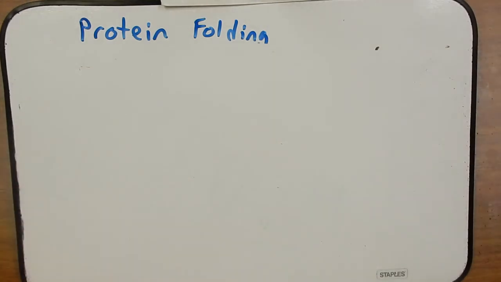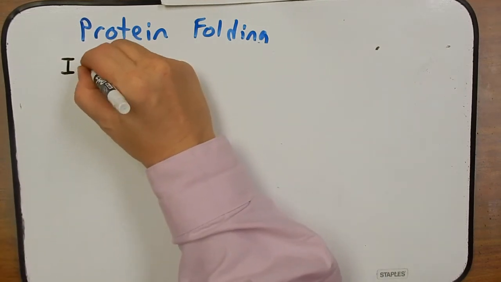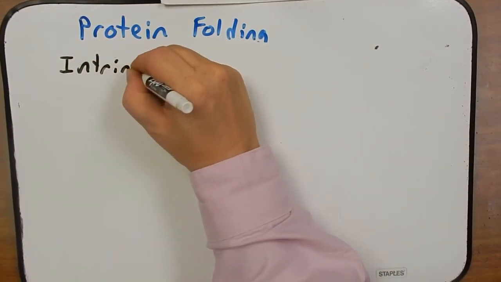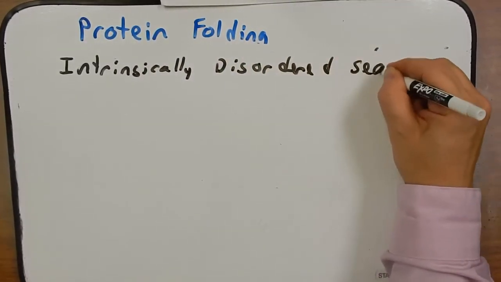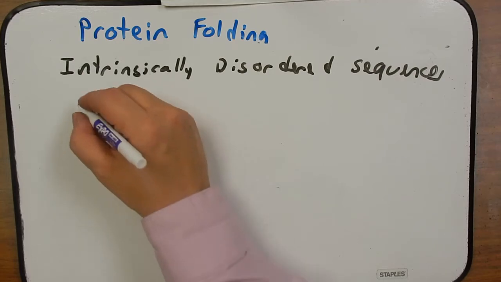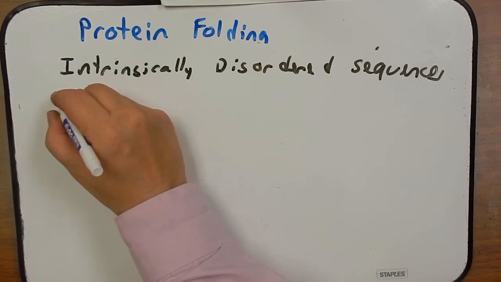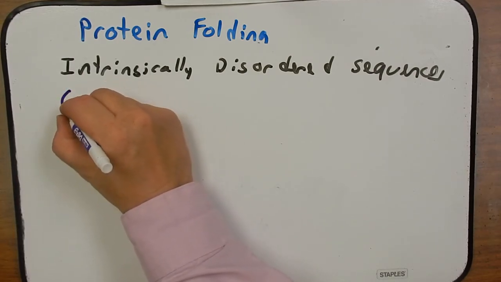The next thing I want to talk about are protein domains and these intrinsically disordered sequences. Let's start with the intrinsically disordered sequences. If you remember, I mentioned these as linker amino acids. And so they exist.